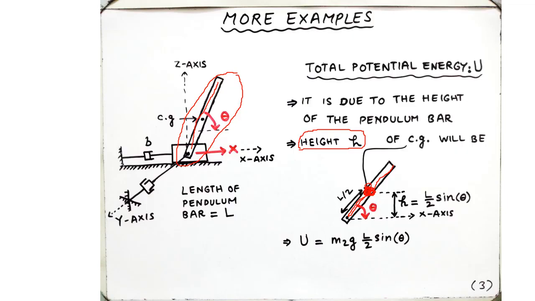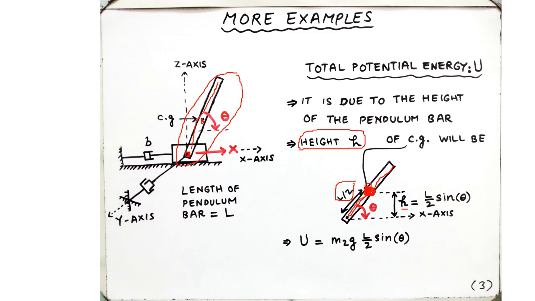So the height of the pendulum bar will be calculated considering the length or the distance between the pivot and its center of gravity. That length will be L over 2. But what about the height of this center of gravity, h?